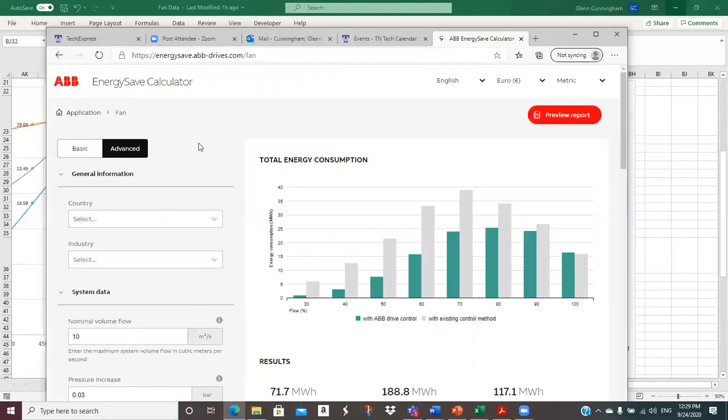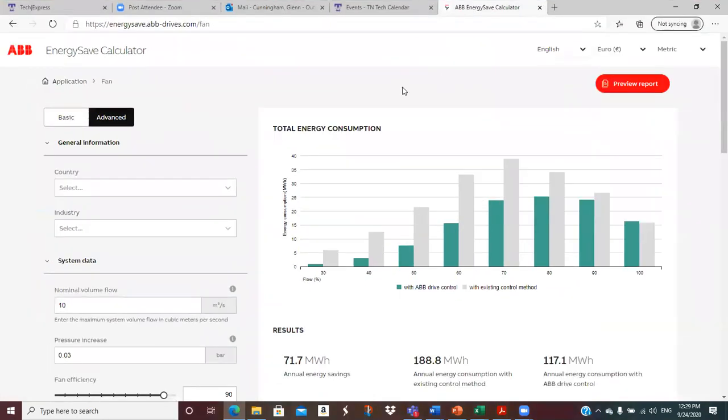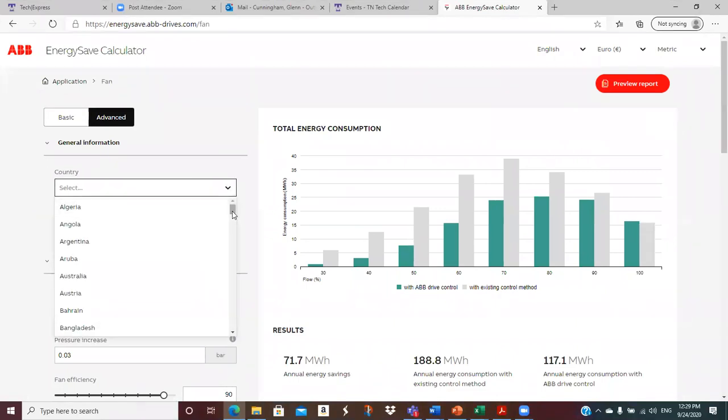Okay. Advanced. Well, let's see what we got here. Country, that's pretty easy. Oh, God, I hate them. They don't put the U.S. first. But anyway, I guess I shouldn't be that way. Where are we? I couldn't even find the US on that list. Well, I've used this before. Are we not on there?